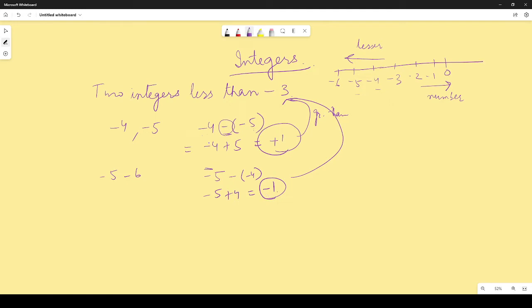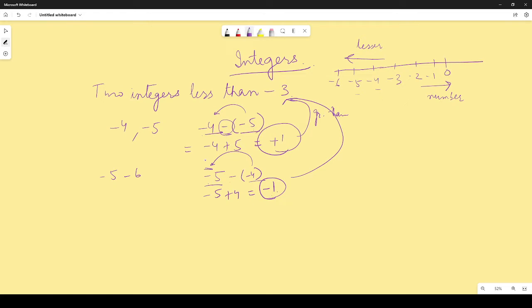So even if you find minus 4 minus 5 or minus 5 minus 4, whichever you take, either you subtract minus 5 from minus 4 or you subtract minus 4 from minus 5, in both of these cases you will find that the result will be greater than minus 3.